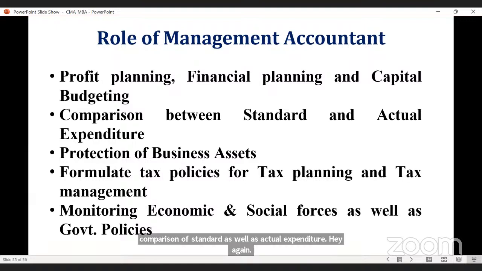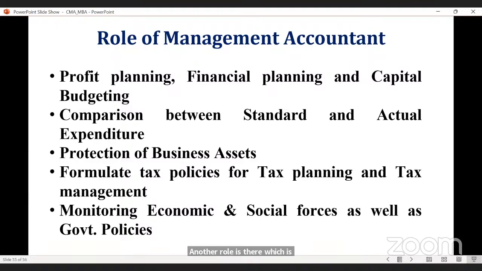Again, another role, which is most important, is protection of business assets. Whenever we are doing business, it has a lot of assets, many assets. You can talk about physical assets or intangible assets. You can talk about intellectual assets, like your human capital.